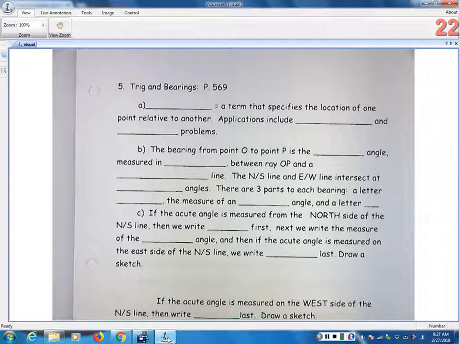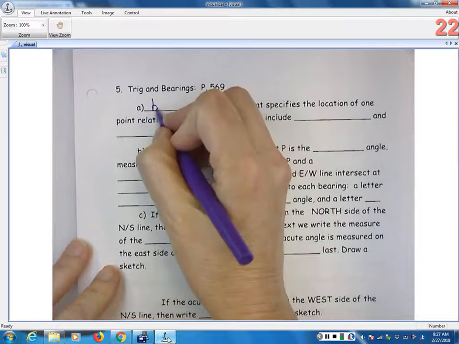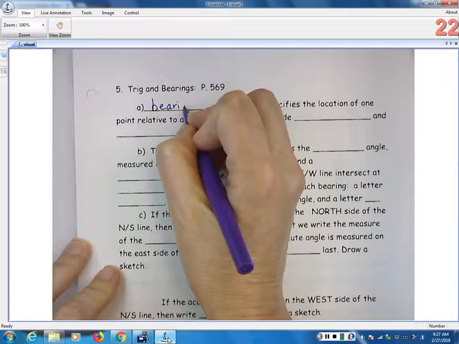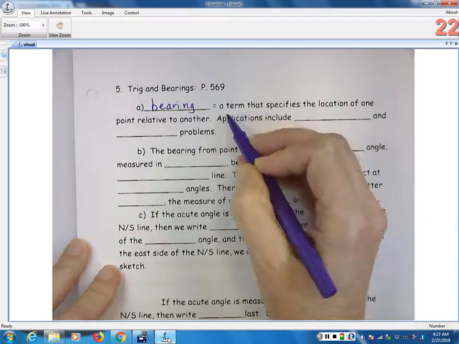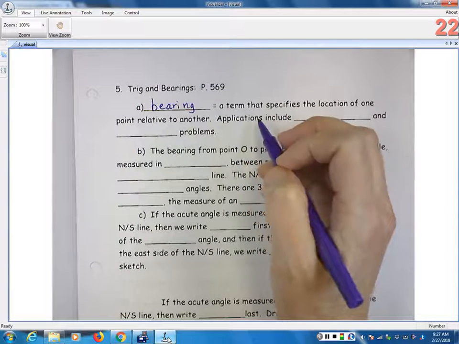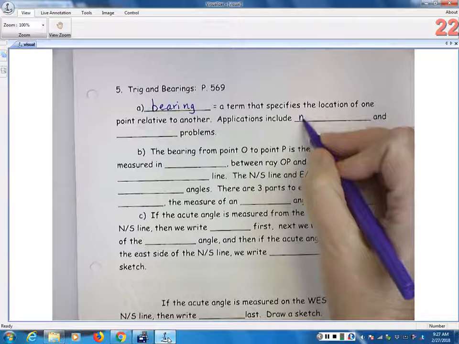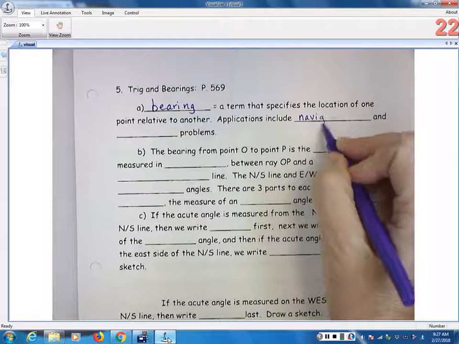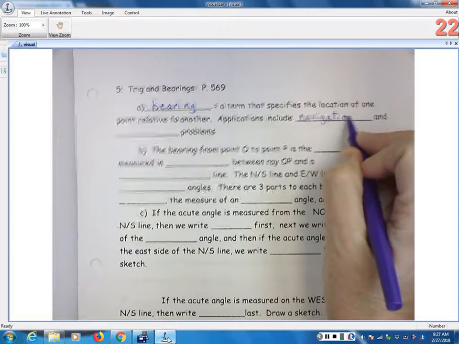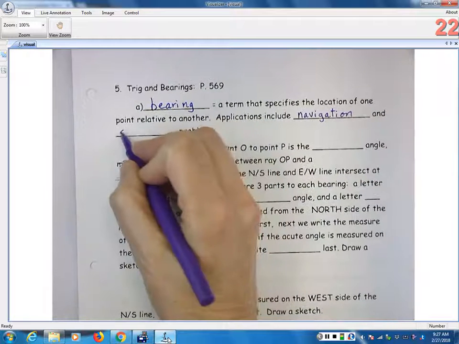So, a bearing is a term that specifies the location of one point relative to another. Applications include navigation and surveying problems.